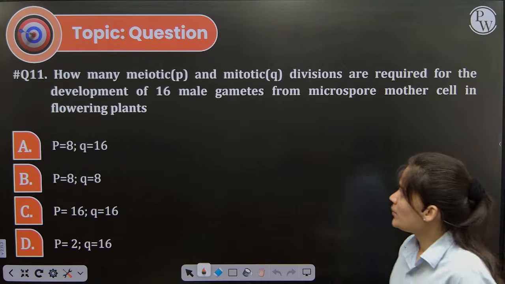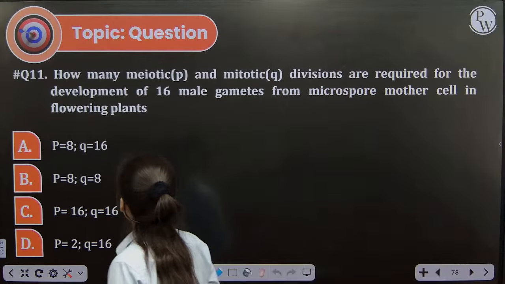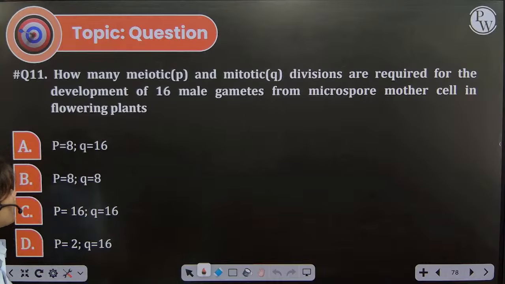How many meiotic and mitotic divisions are required for the development of 16 male gametes from a microspore mother cell in a flowering plant?